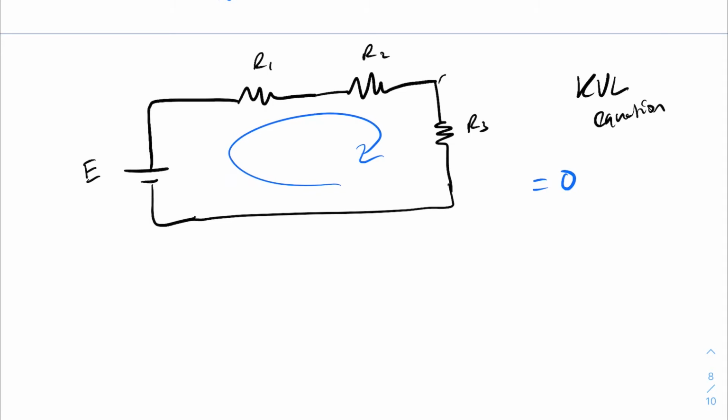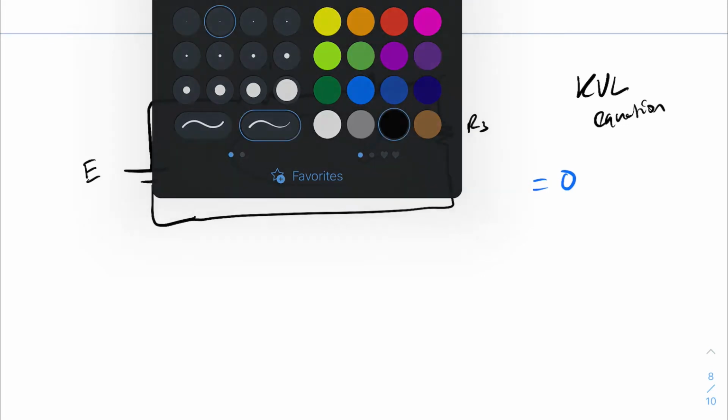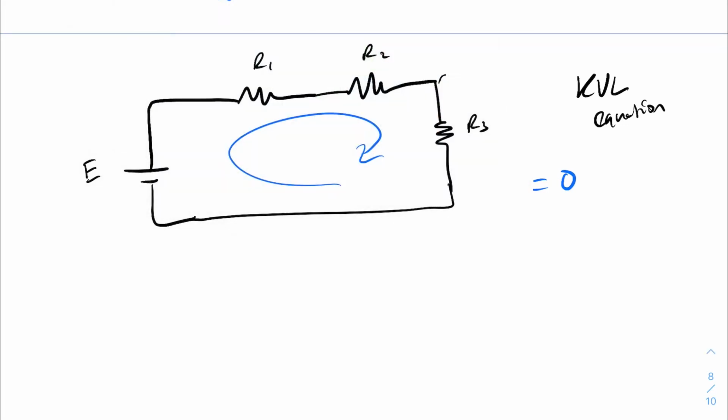So what we can say is we can take the voltage of E, and then we can minus the voltage drop across R1, which would be V1. And we could minus the voltage drop across R2, which would be V2. And we can minus the voltage drop across R3, which would be V3. And all of that is going to be equal to 0. And this here is our KVL equation.